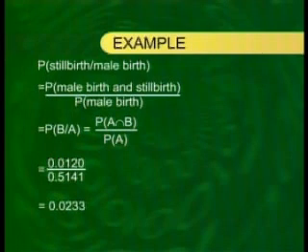Probability of B given A is equal to probability of A intersection B divided by the probability of A. Substituting the numerical values of these probabilities, we obtain probability of stillbirth given male birth equal to 0.0233. And in a similar way, we can compute other conditional probabilities.